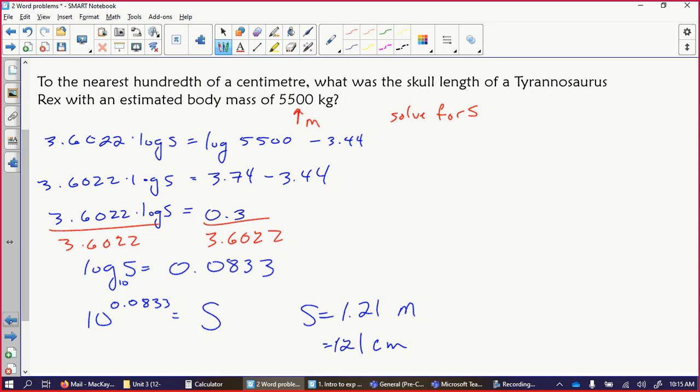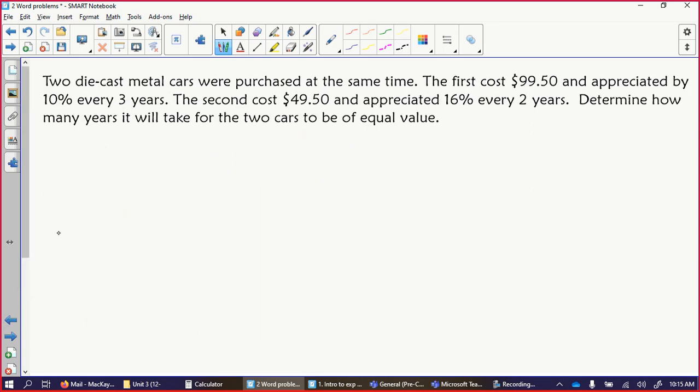Now, the last one. Two die-cast metal cars are bought at the same time, or two figurines or whatever. The first one costs $99.50 and appreciated by 10% every 3 years. Car number one had an initial value of $99.50. It appreciated by 10%, 1.1, every X over 3.